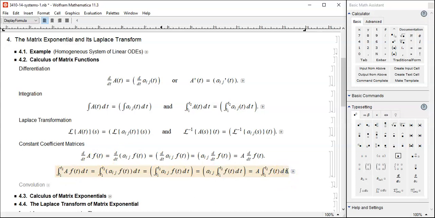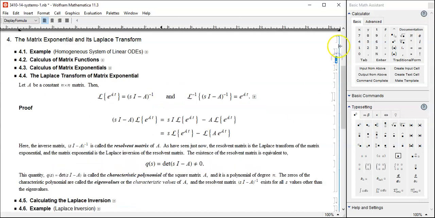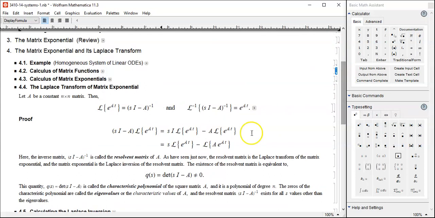I can do it one way or the other freely because this coefficient matrix A is constant. For non-constant coefficient matrix A, we can't do this. If A is a constant coefficient matrix, we can do it, and in this case we are dealing with a constant n by n matrix, so yes, we can do this.